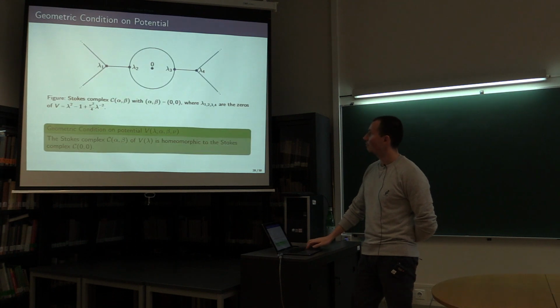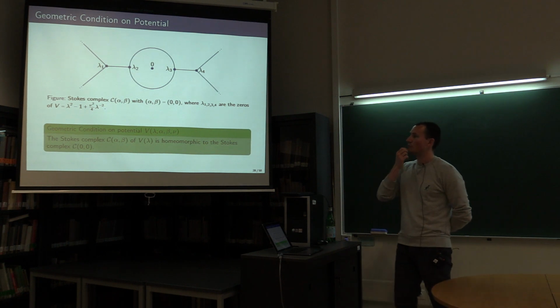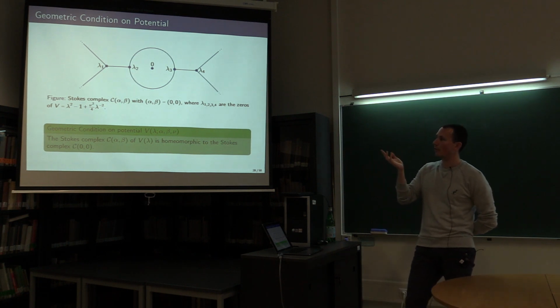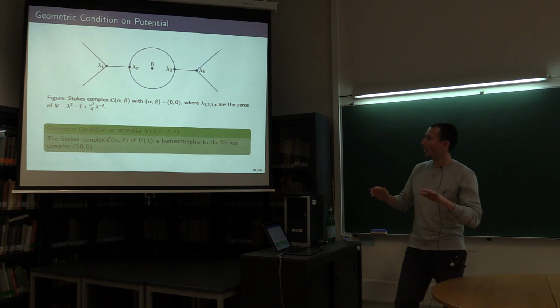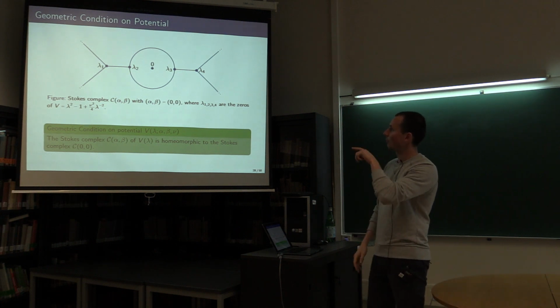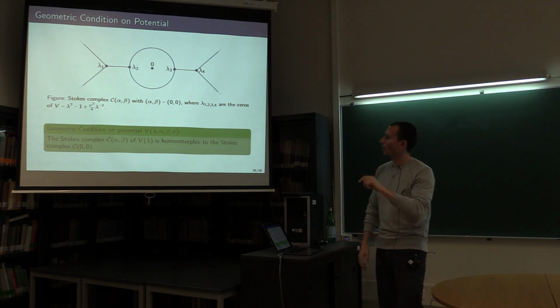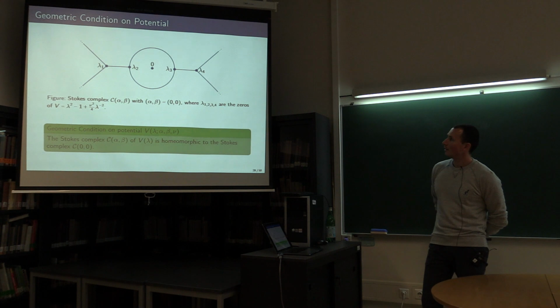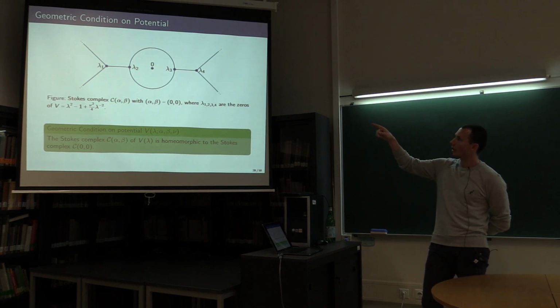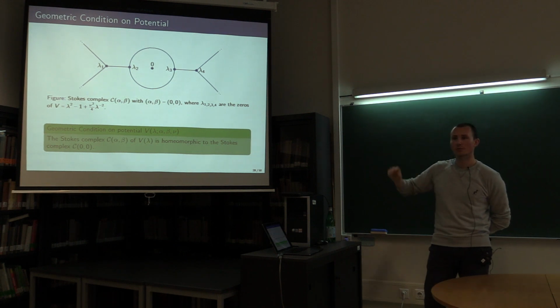So here's an example. In the case where alpha and beta are equal to 0, the potential becomes very trivial. The potential v is lambda squared minus 1 minus nu squared over 4 lambda minus 2. So we can explicitly draw the Stokes complex, and it takes this form. Lambda 1 to lambda 4 are the zeros of the potential, and these Stokes lines emanating from lambda 1 and lambda 4 go to infinity.